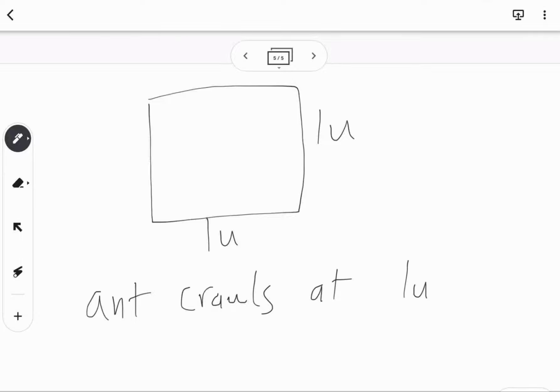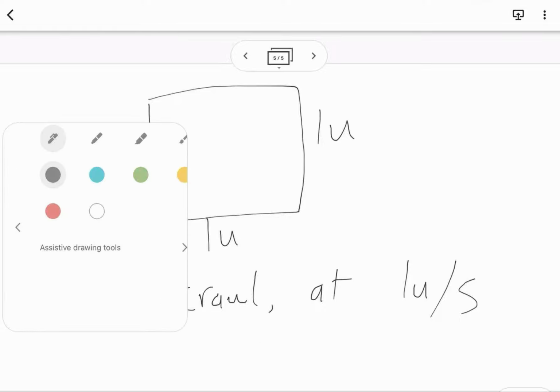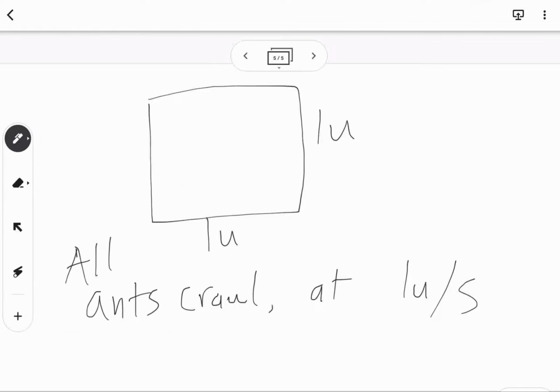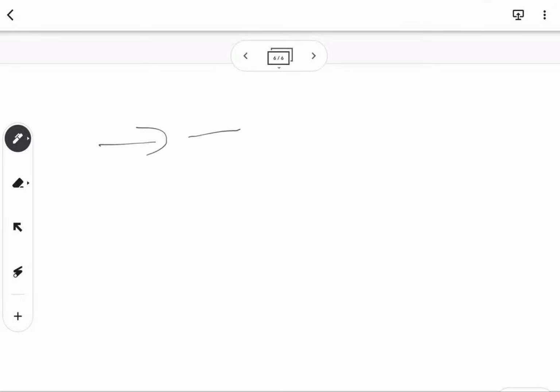There are multiple ants that crawl at 1 unit per second. And when ants meet head on, like if they were going in opposite directions, then they both turn 90 degrees, I guess, to the right, and then they keep on moving.